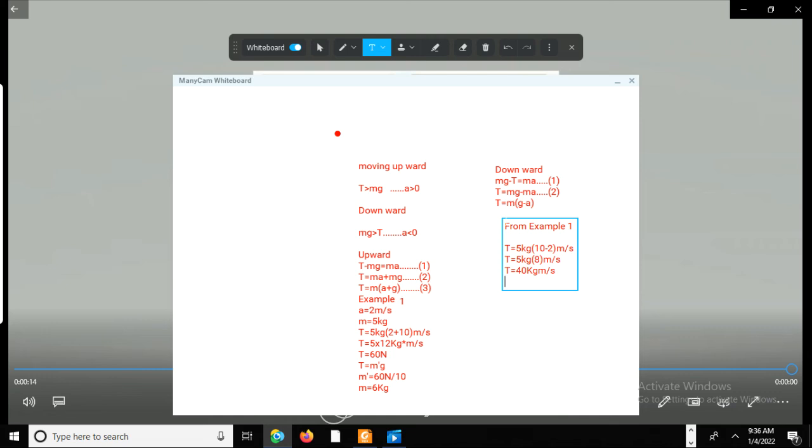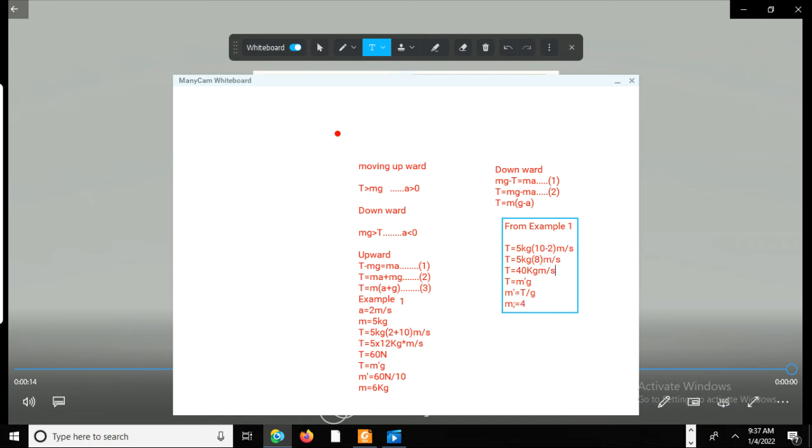So tension is equal to M double prime g. So M double prime is equal to tension divided by g. So M double prime is equal to 40 Newton.